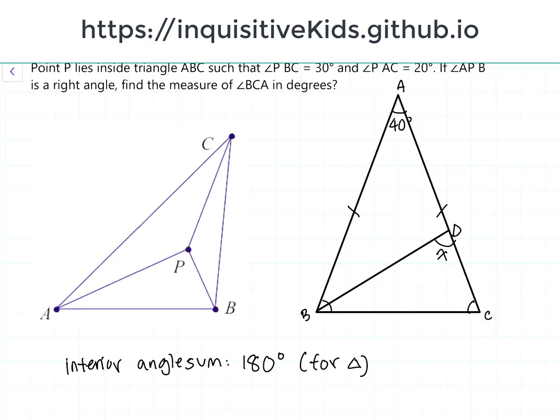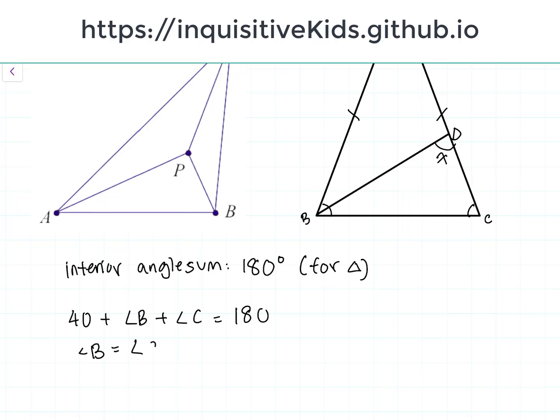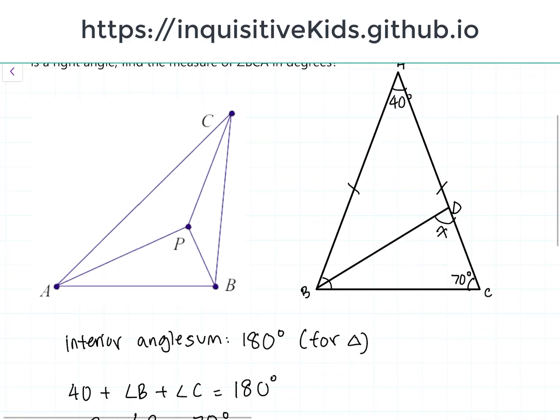But we already know that angle A is 40 degrees. And because angle B and angle C should be the same, we know that 40 plus angle B plus angle C is equal to 180 degrees. Meaning that angle B, which is also angle C, is equal to 70 degrees each. So angle C is equal to 70 degrees.